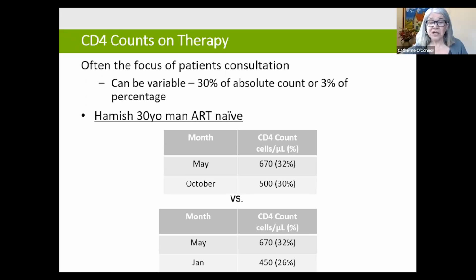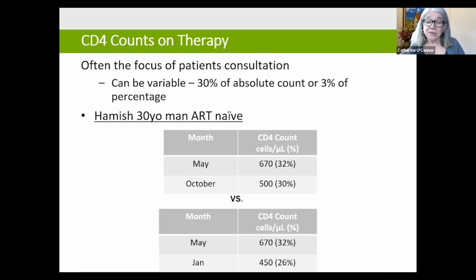So let's just look at an example. Hamish is a 30-year-old man who's ART naive, and firstly his initial CD4 in May is 670 with 32%, and then in October the CD4 falls, in inverted commas, to 500 with 30%.